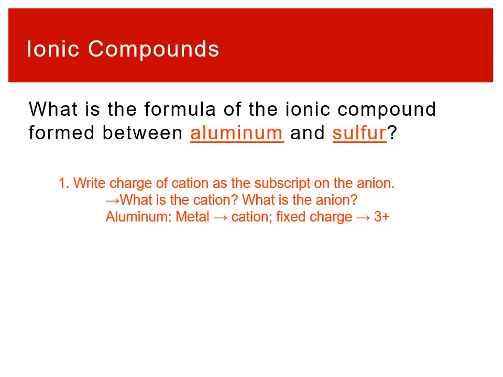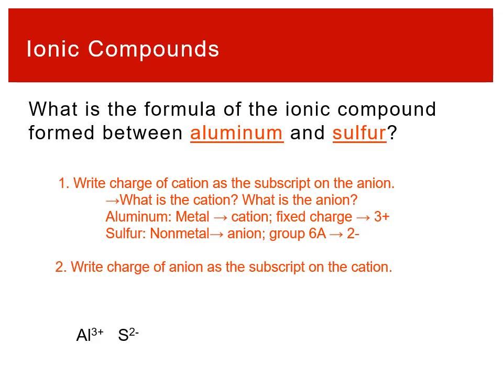Aluminum is always 3+. You can't really figure that out based on the periodic table, but it is just always going to be 3+. So we know it'd be Al3+. Sulfur is a non-metal, so we know it's going to be an anion. It's in group 6A, which means it's always going to be -2. So we know that we're dealing with Al3+ and S2-.